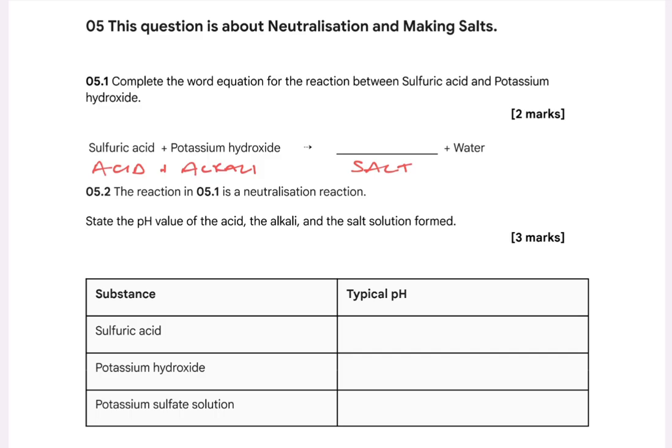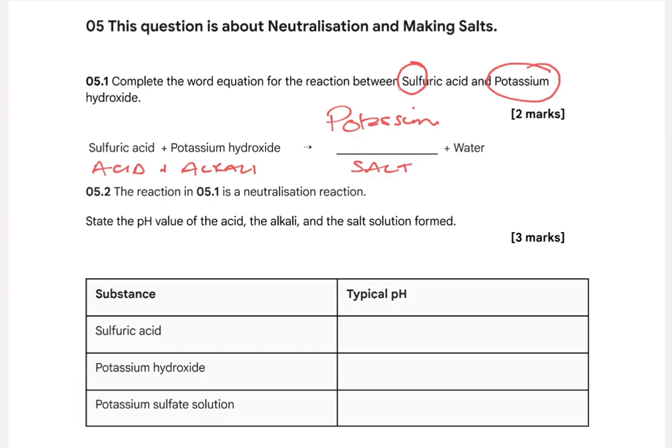We've got the water already, so we're being asked to identify the salt. The salt comes from the displacement of the metal in the alkali by hydrogen, generating a potassium type of salt in this example, and the sulfuric acid generates the other half of the salt.